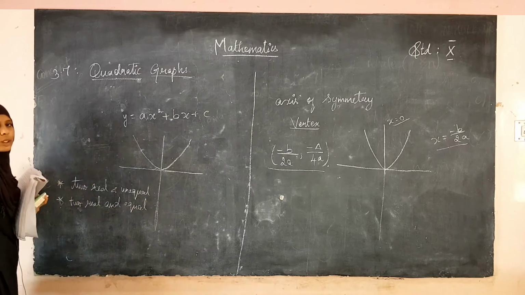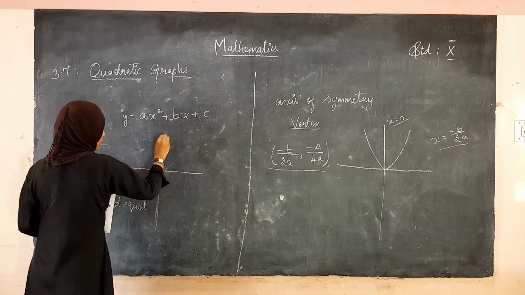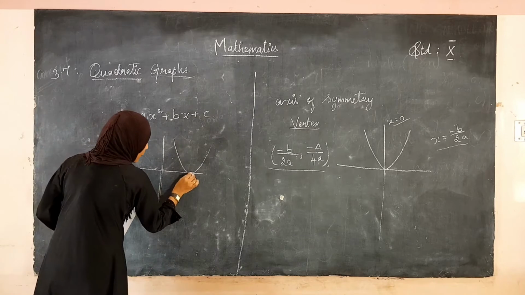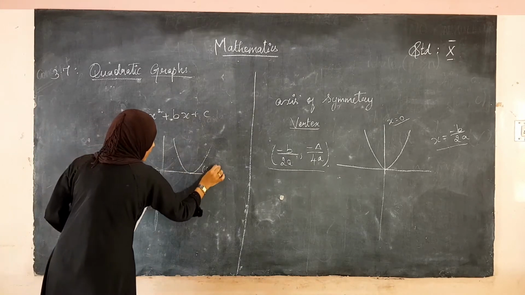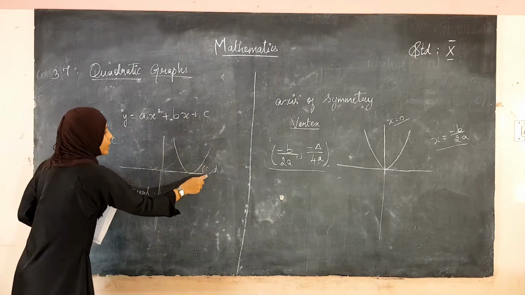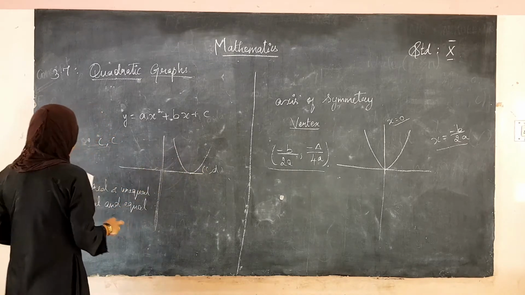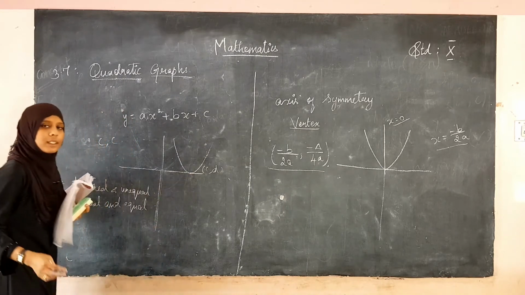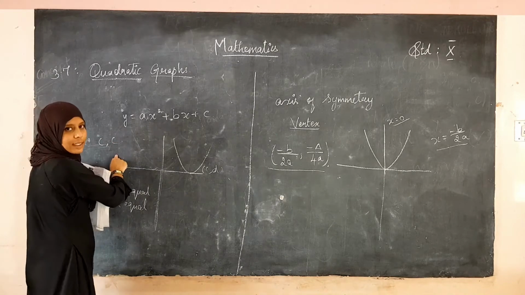If this point is c comma d, the 2 roots will be c and c. The point in the x axis is c. Since the graph touches only one point of the x axis, it has 2 real roots, but they are equal. Therefore, the 2 roots are c and c.